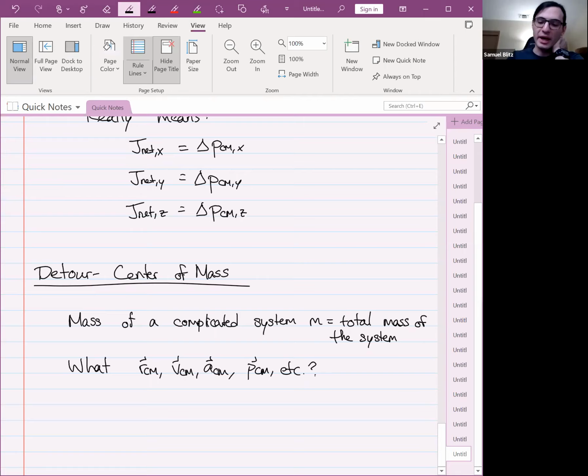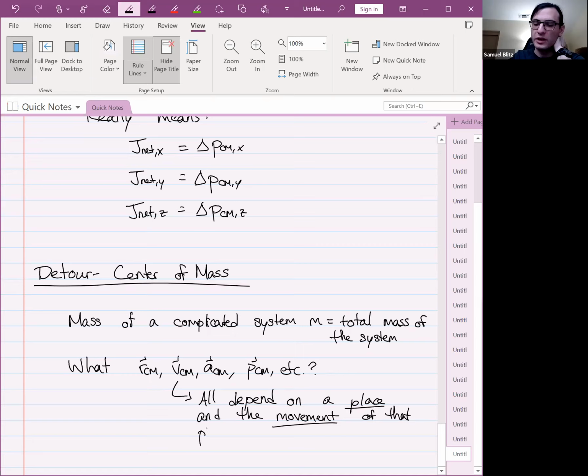So these all depend on a place and the movement of that place. The vector r typically indicates the position vector for an object.